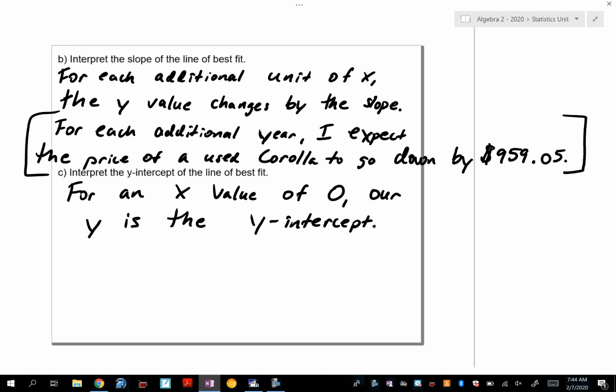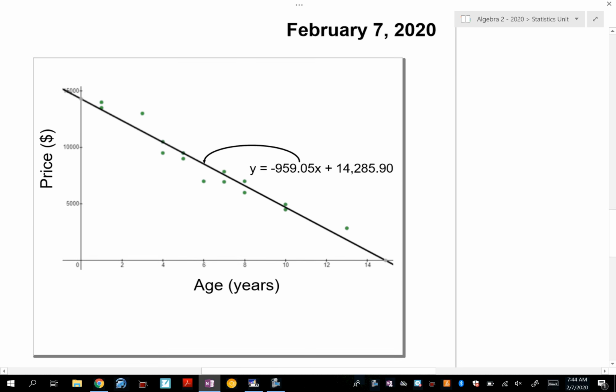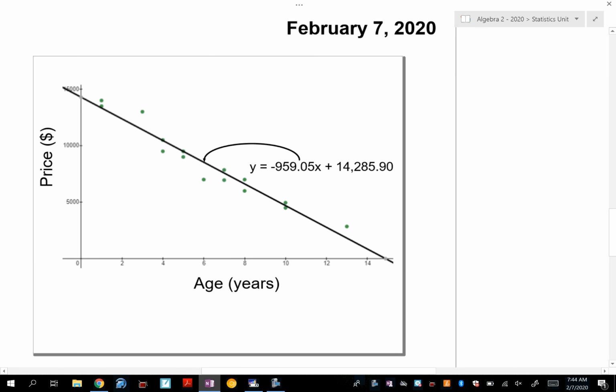So now let's try to bring it back to this problem. What is x again? x is the age, so how old the car is. So what would be 0 units for x? 0 years old. Well, what do we call a car that's 0 years old? Brand new. So what we're saying here is that if you have a 0-year-old car, a brand new car, we expect the price, the y value, to be the y-intercept, this number here.